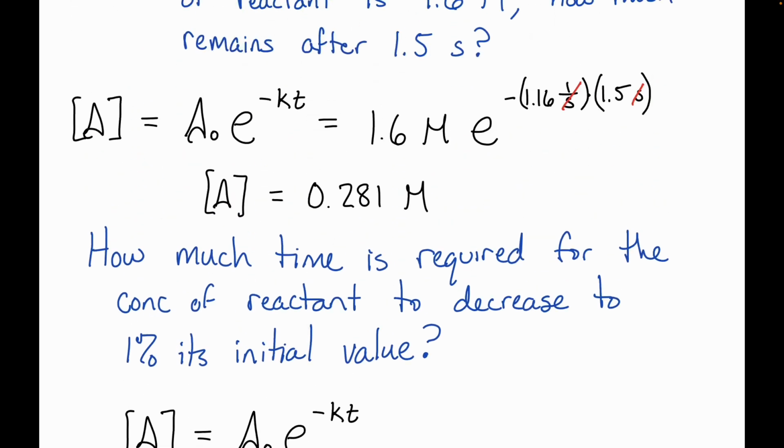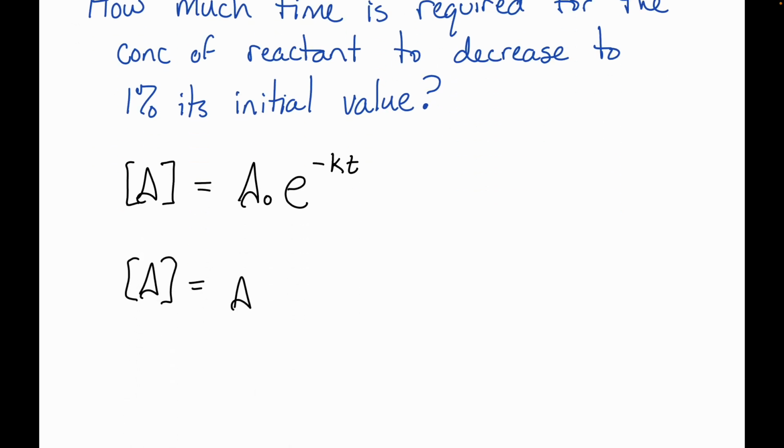1% of that initial value, so A naught times 1%, or remember, if we're going to do math, that means 1 over 100. So to plug that in and using our initial value of 1.6 molar, that would be 0.016 molar.